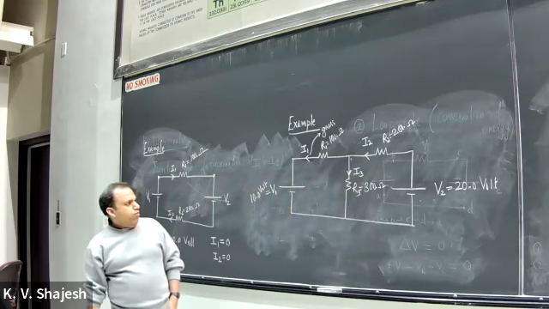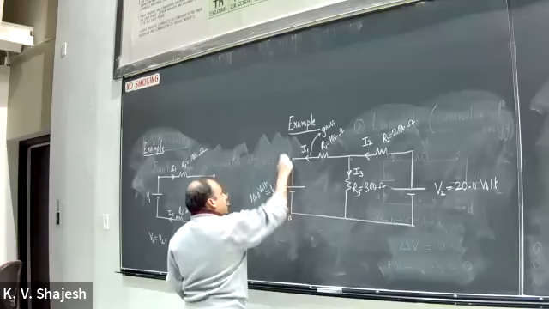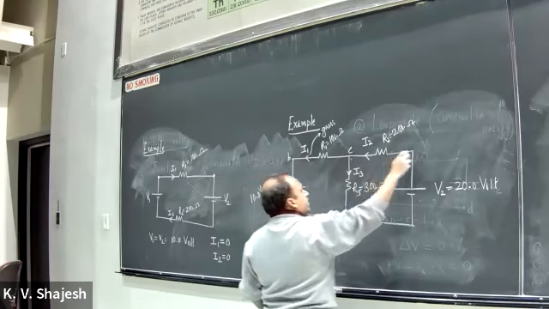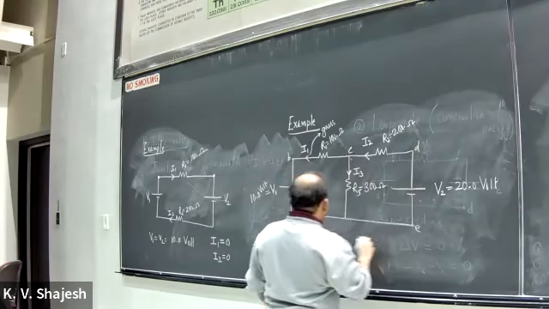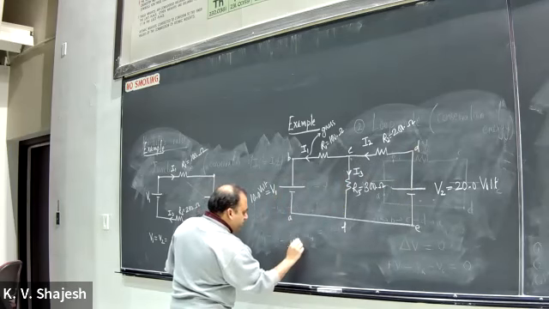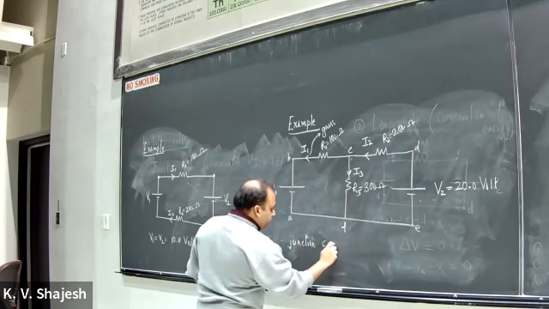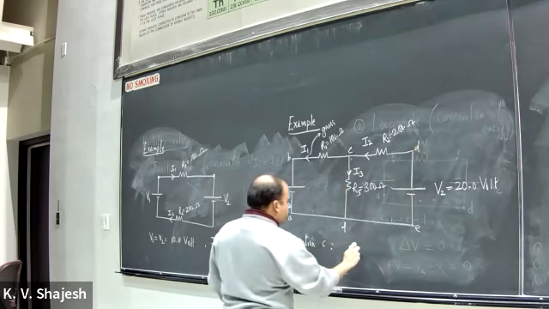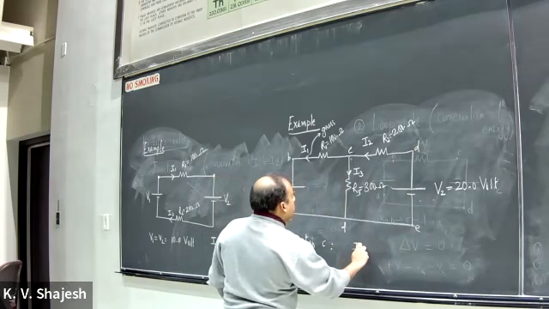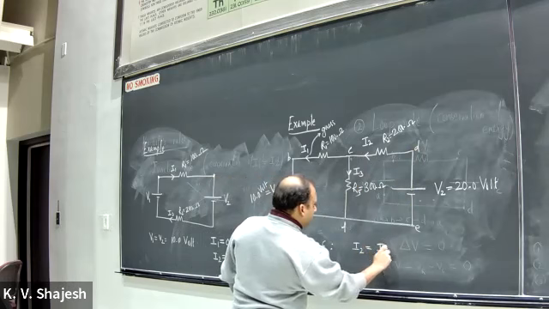We immediately have one relation, the junction rule. So I say this is A, B, C, D, E, and F. Junction rule at C gives us I2 has to be equal to I1 plus I3.